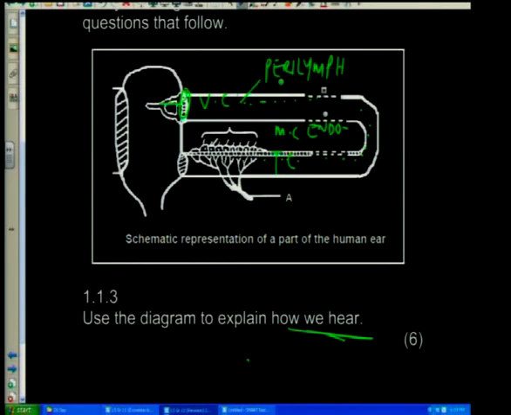And remember that this at the bottom is a membrane, and that's another membrane. That one there is the Reissner's membrane, and this one at the bottom, the basilar membrane. So what would happen then? If the fluid is vibrating, then obviously these two membranes would also vibrate.